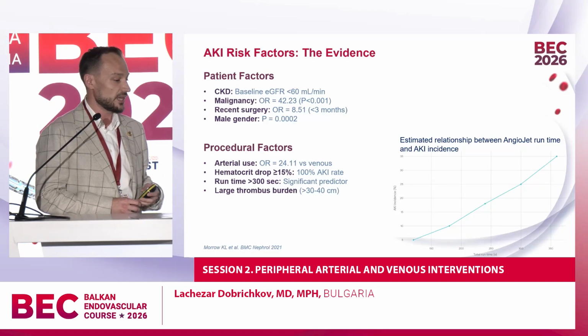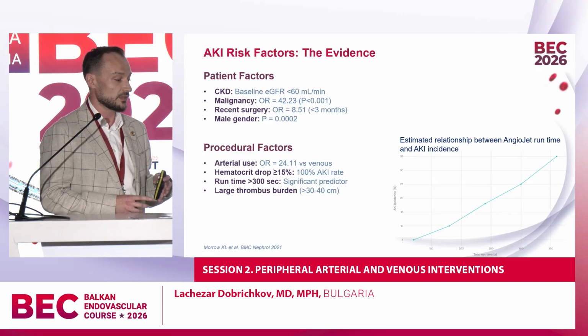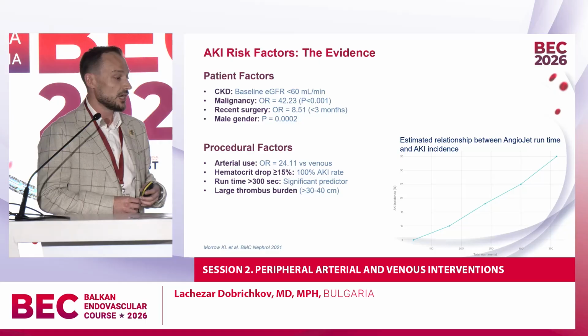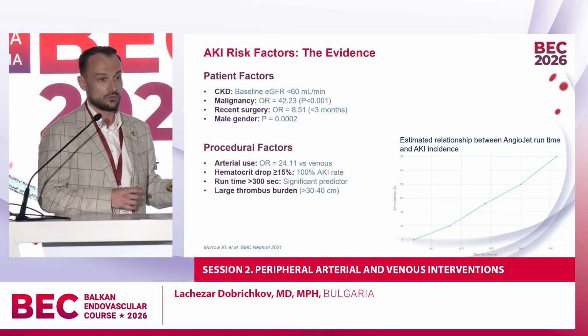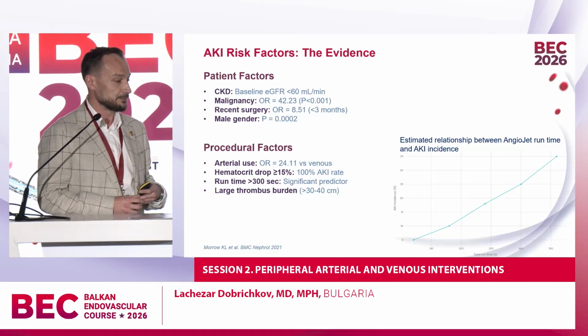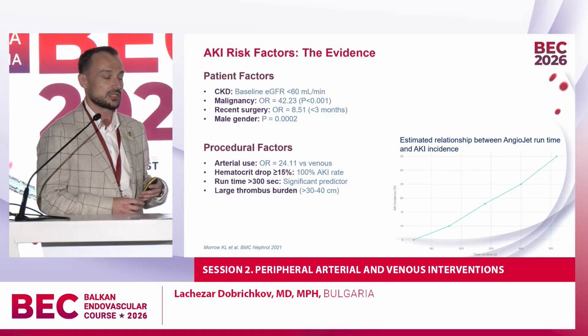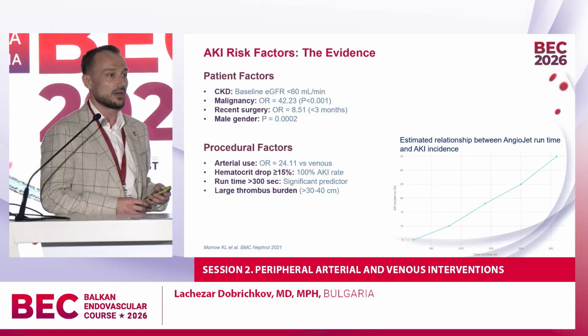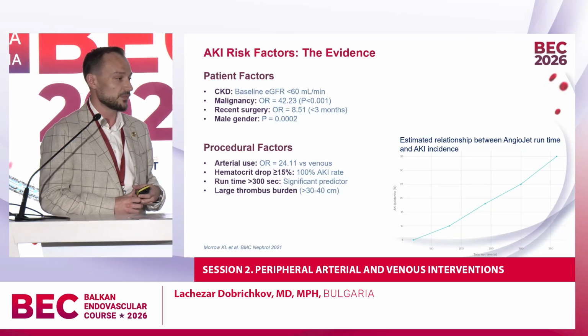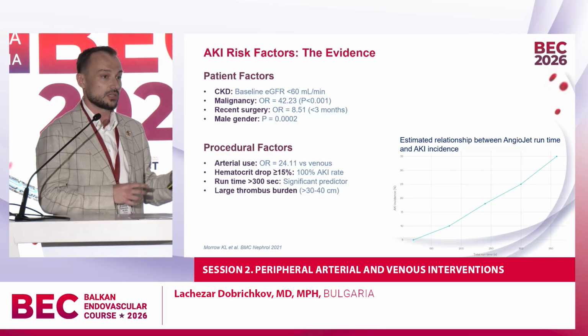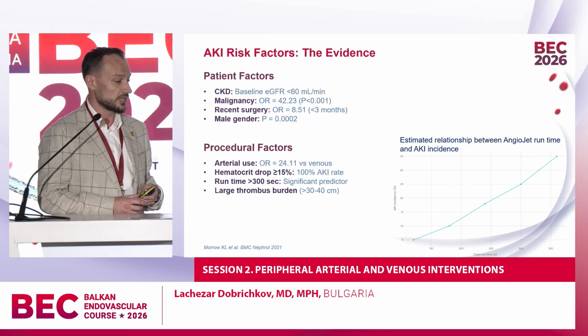On the other side, we have procedural factors, some of them iatrogenic. Arterial use causes acute kidney injury more often, also because patients are usually elderly with many comorbidities, and usually have underlying chronic kidney disease.